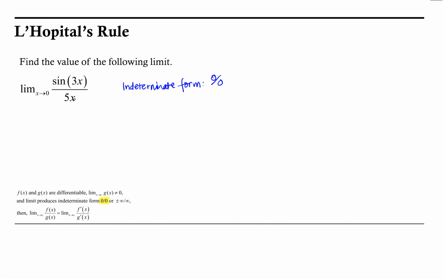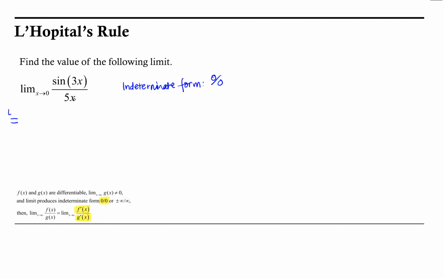And so as we apply L'Hopital's rule, we'll remember not to use the quotient rule because we're not finding the derivative of this original function. Rather, we're comparing the rate at which the numerator grows and the rate at which the denominator grows. So f prime of x over g prime of x.